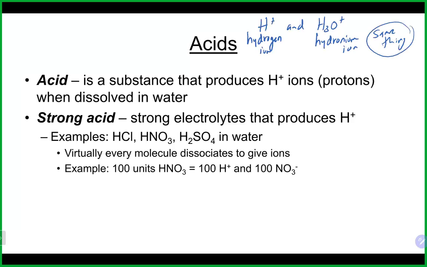So you can interchange H plus and H3O plus both in formulas and also equations as well. I personally use H plus in everything usually. So anywhere I put an H plus, you could put an H3O plus, and it's the same thing along the way. It basically means the acid part of it.